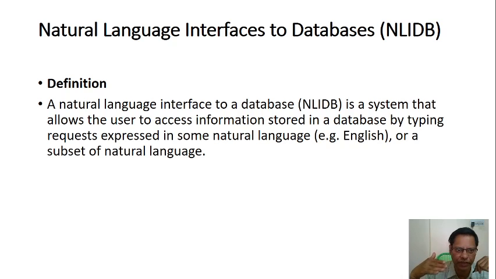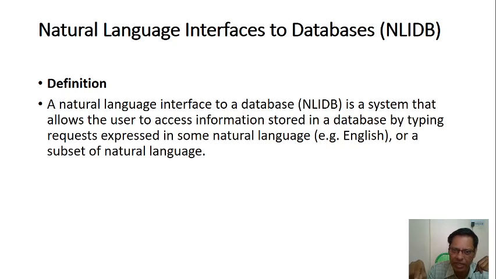The definition of a natural language interface to a database is a system that allows the user to access information stored in a database by typing requests expressed in some natural language. For example, for any language, if we want to trace out its meaning, it is connected and interfaced to the database.